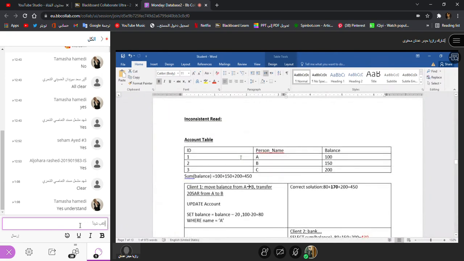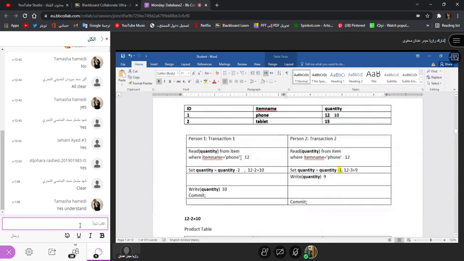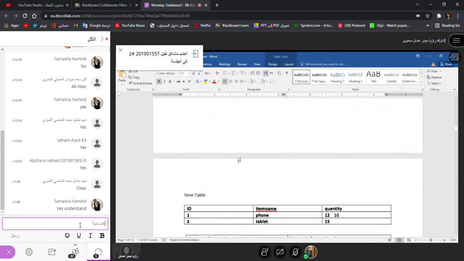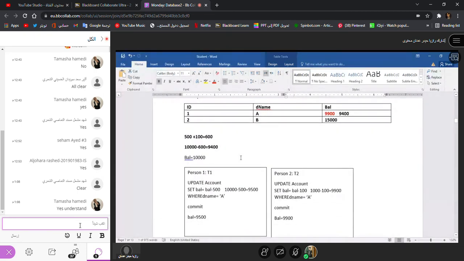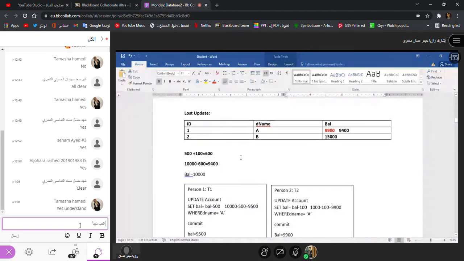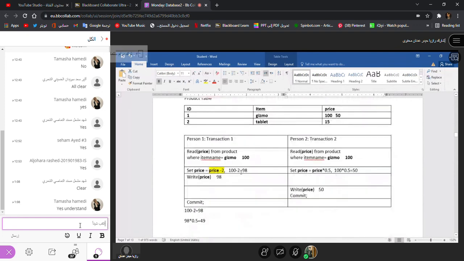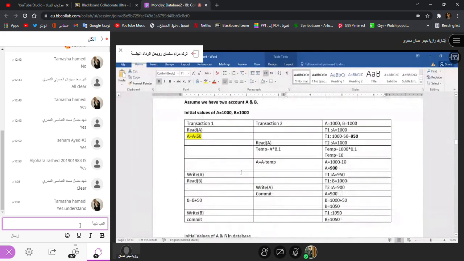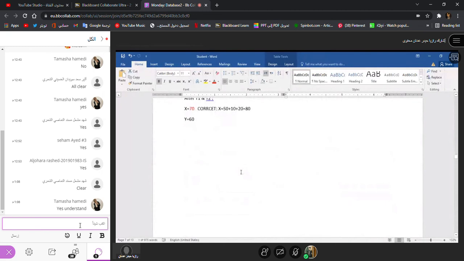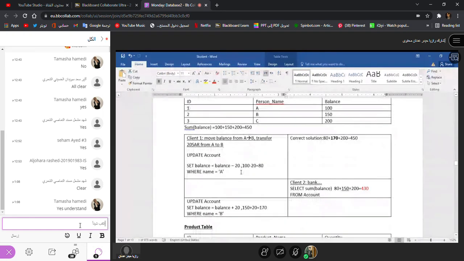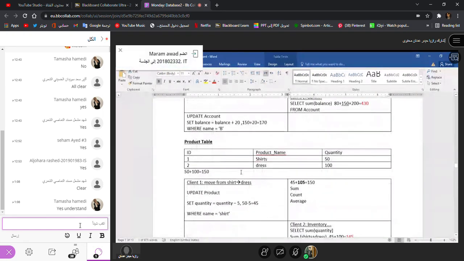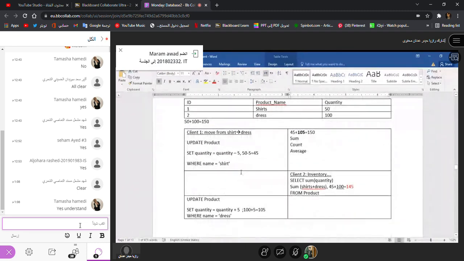Here is the example of your inconsistent read. Okay, here is your lost update. First we go for the inconsistent read. What is that? This one, okay.